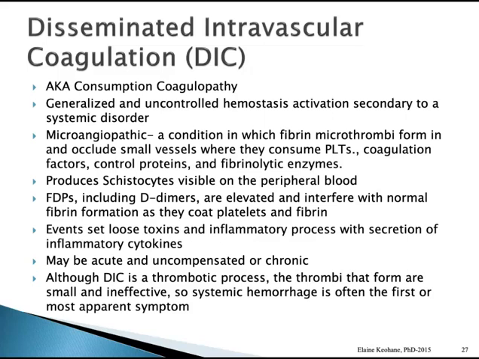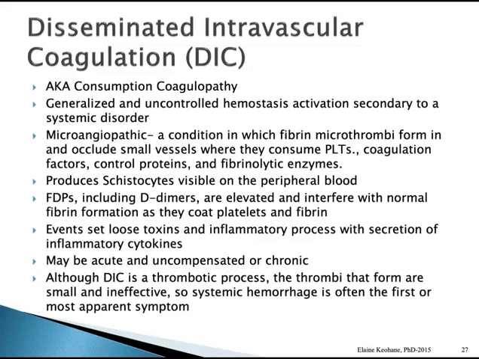As the blood cells pass through those small vessels, if they are occluded with microthrombi, the red blood cells will break up, and in turn what you will have are the cells called schistocytes. FDPs, fibrin degradation products, including D-dimers, are elevated in DIC, and they may interfere with normal fibrin formation as they coat platelets and fibrin.